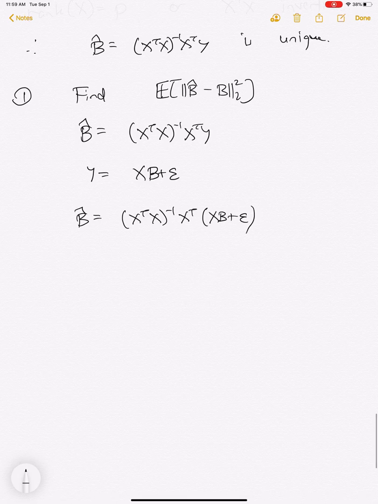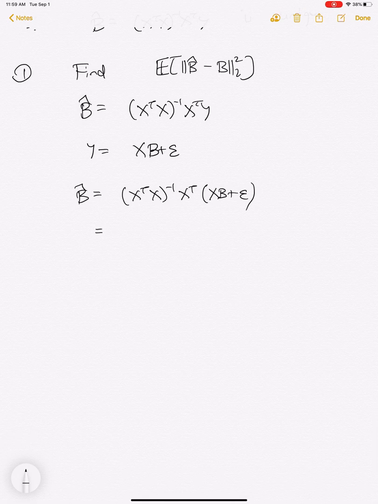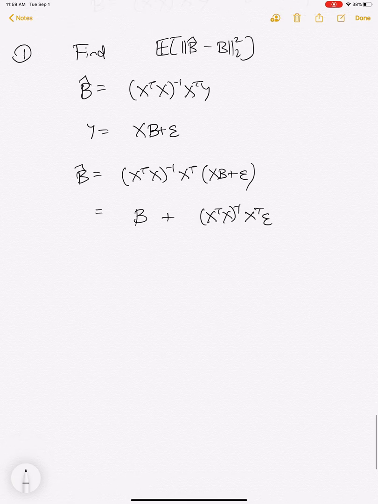So we have this expression, and very conveniently it works out to be b plus X transpose X inverse X transpose epsilon. This calculation is only possible because we have the invertibility of X transpose X.